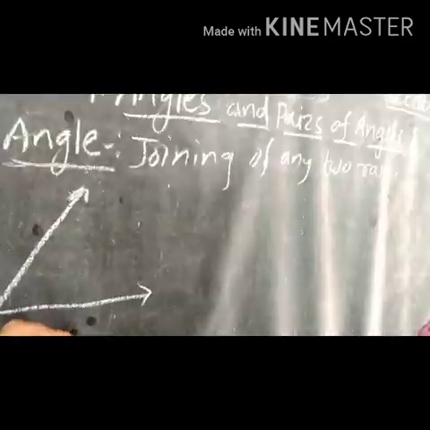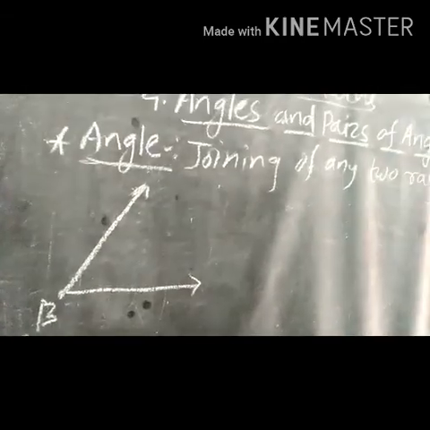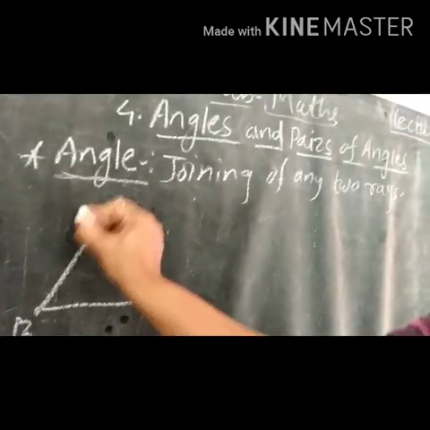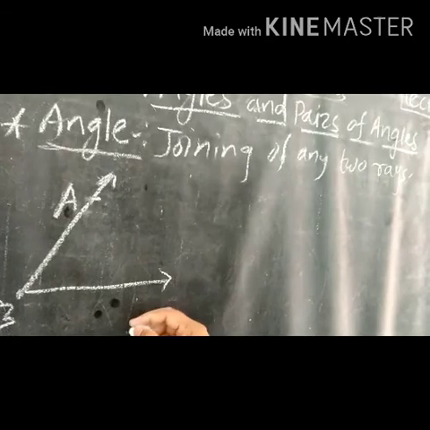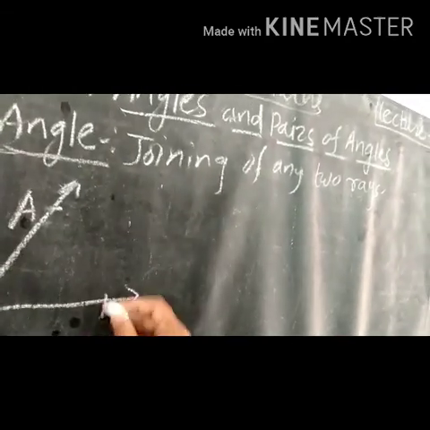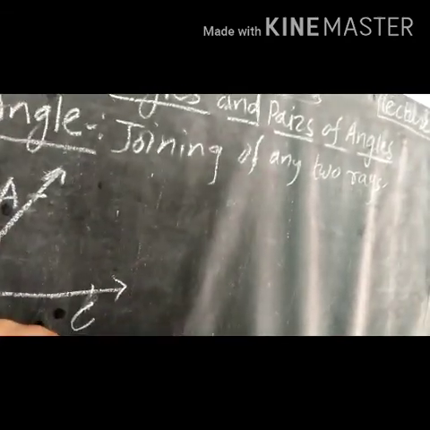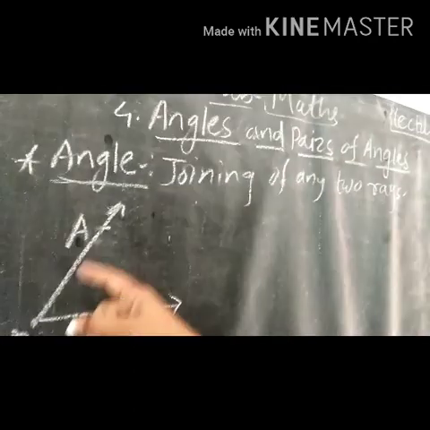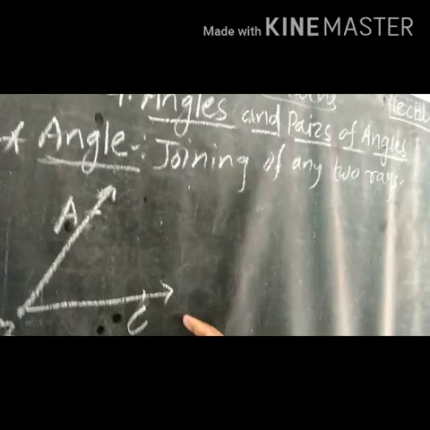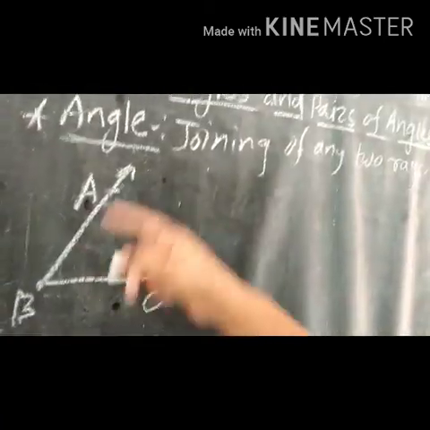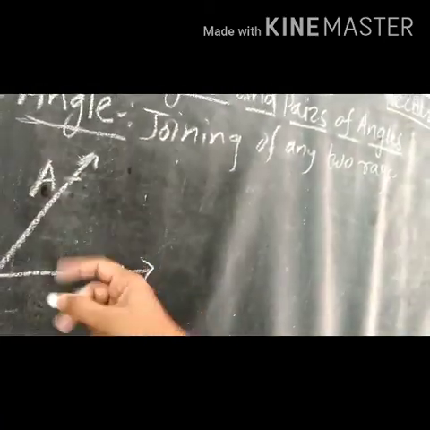Its vertex is B. Here we can take point A, and here we can take C. So the origin vertex, that is B, of the two rays BA and BC. So the joining of two rays, ray BA and ray BC, is called an angle.